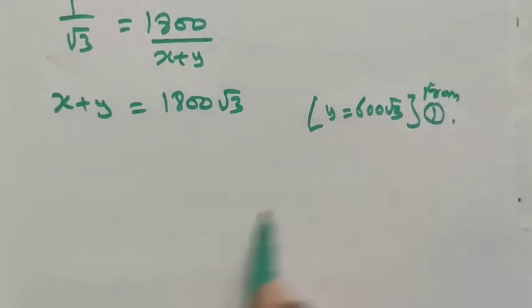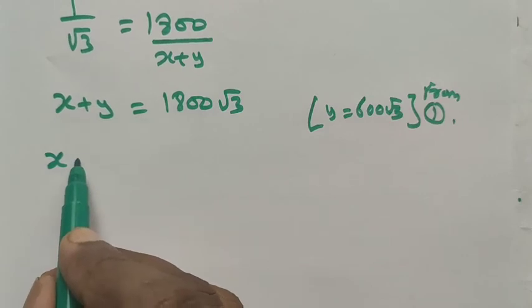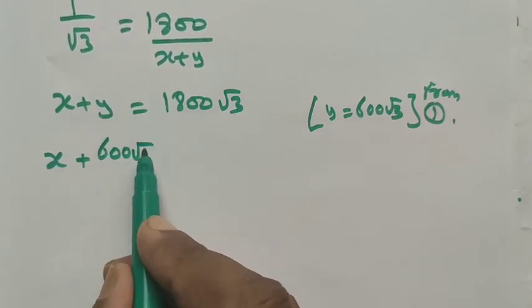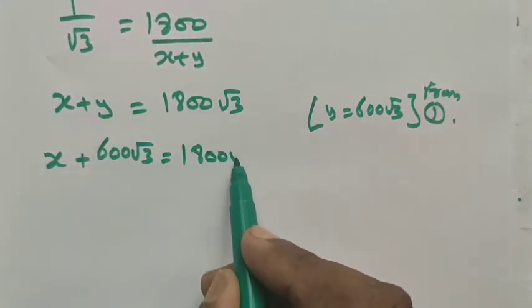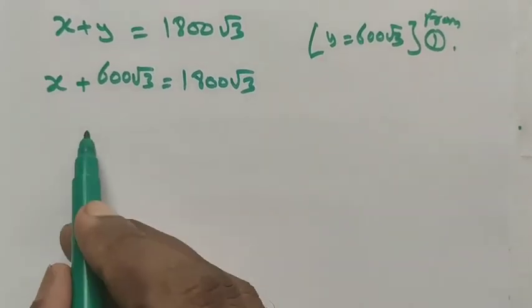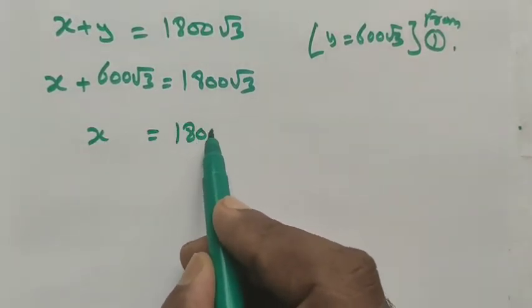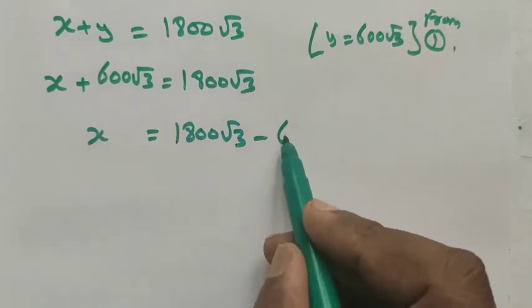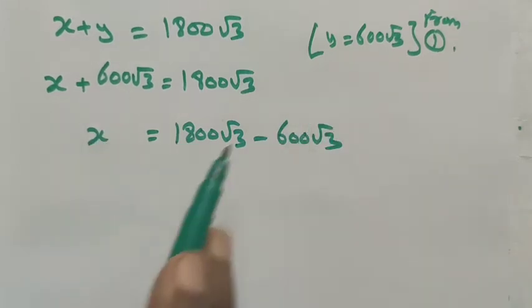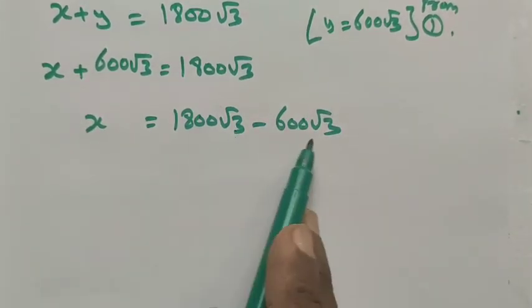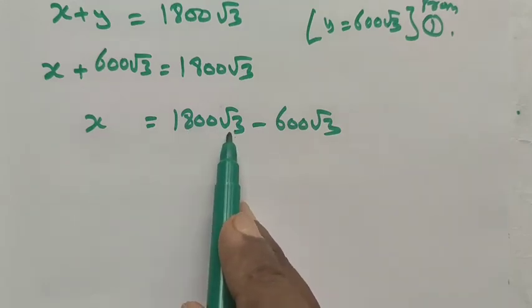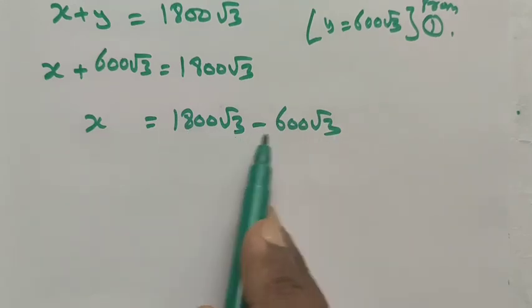From equation number 1, X plus 600 root 3 is equal to 1800 root 3. Then X is equal to 1800 root 3 minus 600 root 3. Both the terms have root 3, so we can subtract.